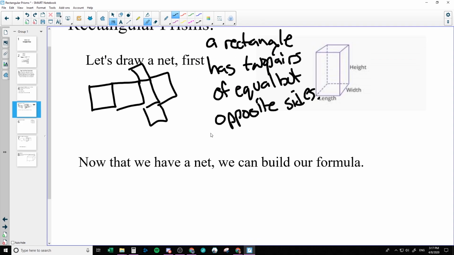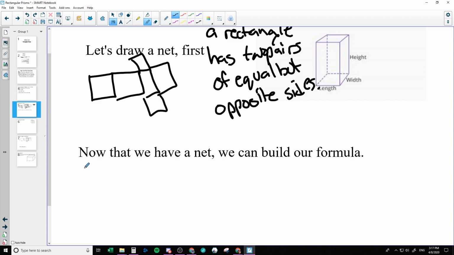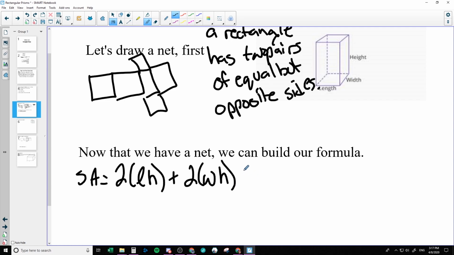So in order to calculate the surface area of a rectangular prism, we're going to say, okay, surface area equals 2 times, and actually I'm going to use brackets instead, 2 times, for the front, it's length times height, plus 2 times, for the left or the right, we're talking about width times height, plus 2 times top, bottom, this is length times width.